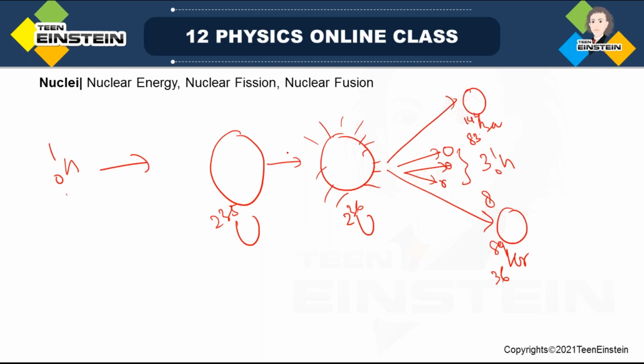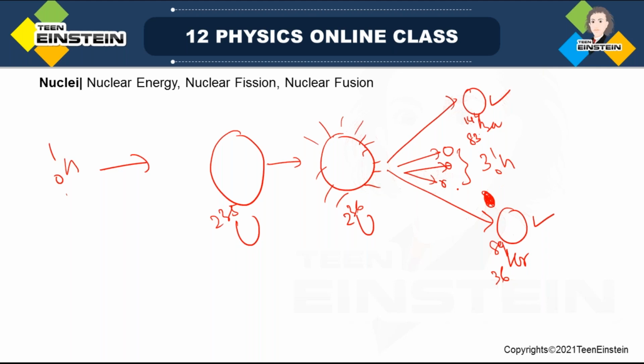So generally in a fission reaction, a bigger nucleus is broken or split into two nuclei having almost equal or comparable mass numbers, and along with that there will be 3 neutrons released in that process again.